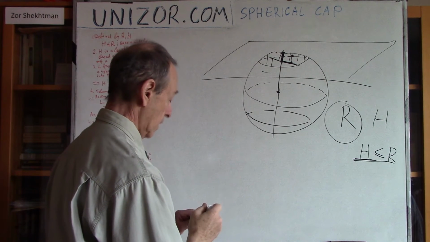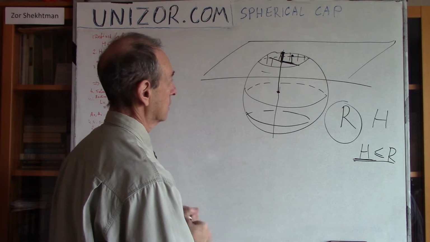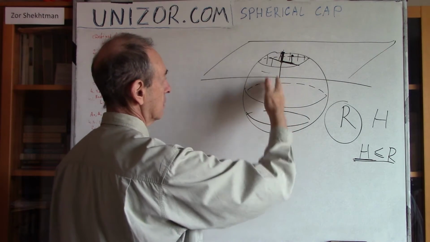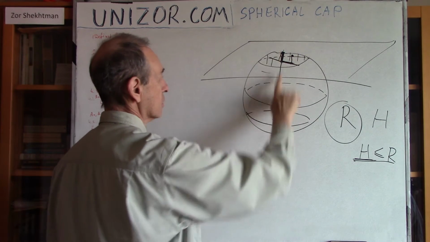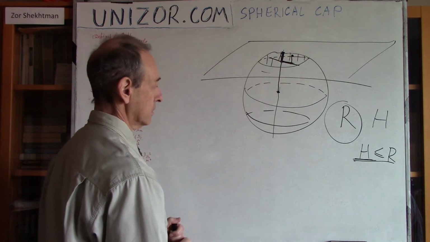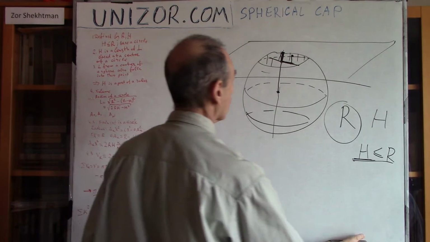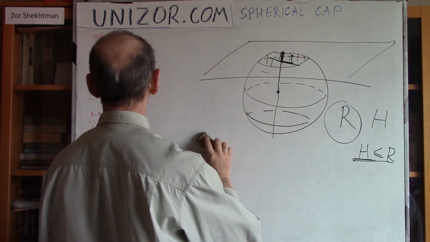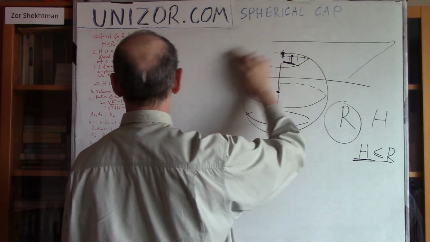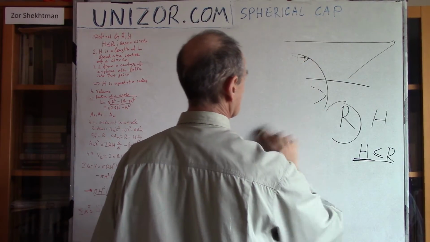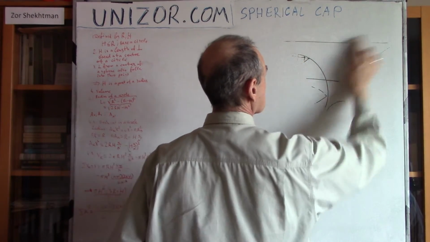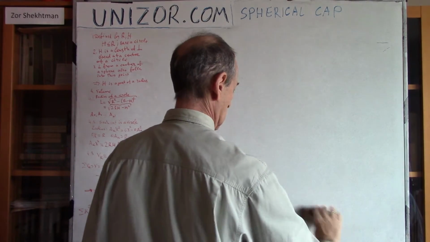Okay, so we've done that. So this perpendicular to the plane is actually where the height is located, and now we can talk about volume. For this I need a slightly bigger sphere.